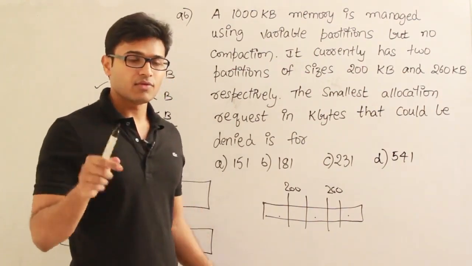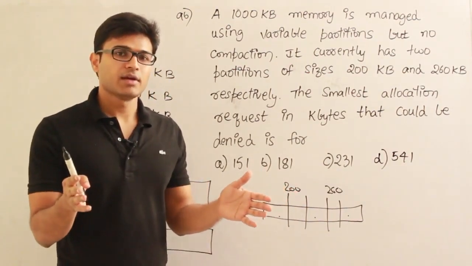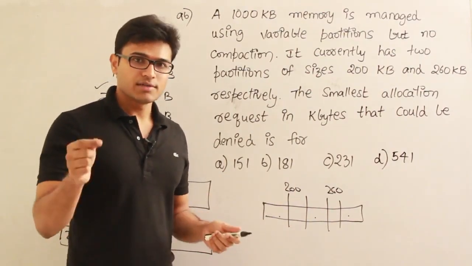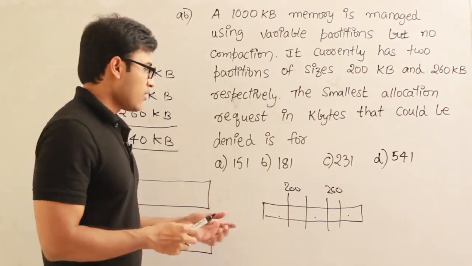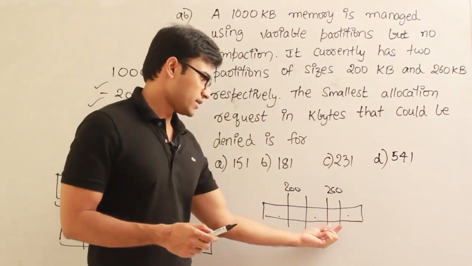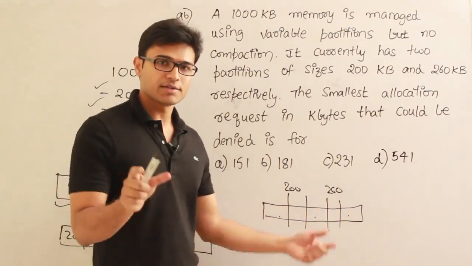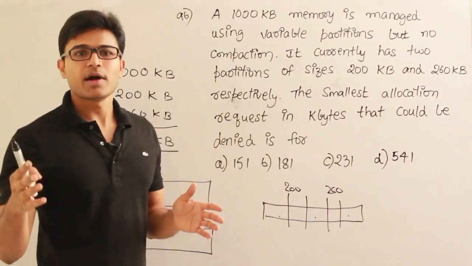Then if you even have one bigger partition, that will be able to hold a bigger process. Now they are saying, what is the smallest process request that could be denied, which means what is the way in which you can organize it in such a way that we get smallest size partitions. So one thing is, have as many partitions as possible.